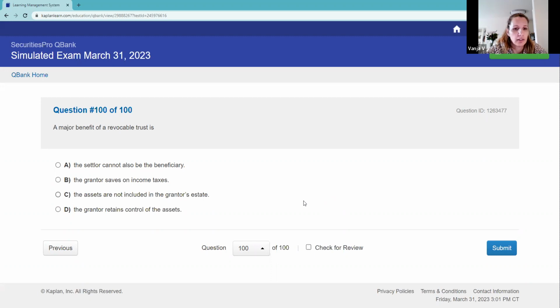That's not it. The settlor cannot also be a beneficiary. That's not either. So A and B are out. The assets are not included in the grantor's estate. Well, no, they are. The benefit is it's retained control. So D. Excellent. I love how you attack that.